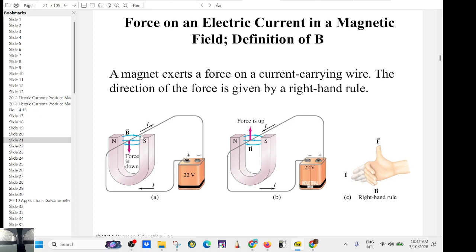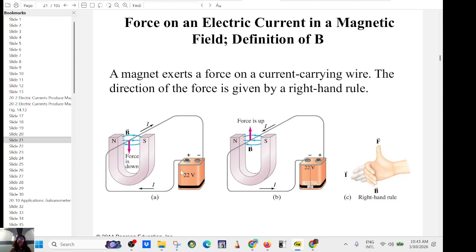My magnetic field is going this way. The force is going down, out of your hand. It's called the right hand rule. It's for the cross product. So you are crossing I, B, and you get the force. I like to do it this way. Now, you can do it this way as well. That's another way to do it.